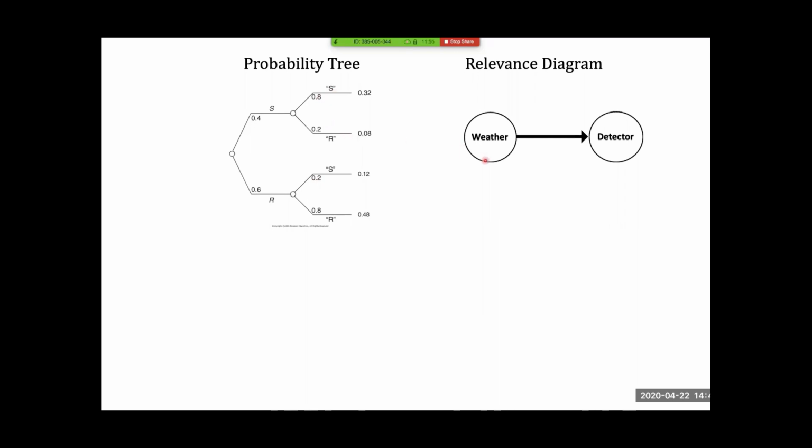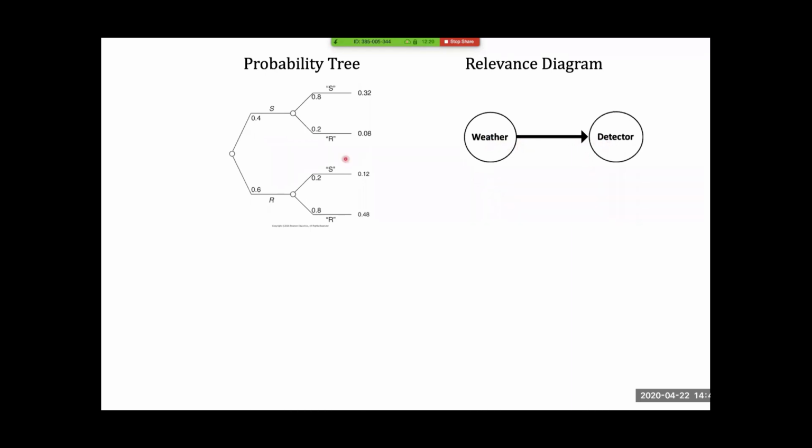Then we use an oval-shaped thing to represent the distinction of weather, and we use a round-shaped thing to represent the detector. We use an arrow from weather to detector to represent the fact that these two distinctions are possibly relevant to each other.